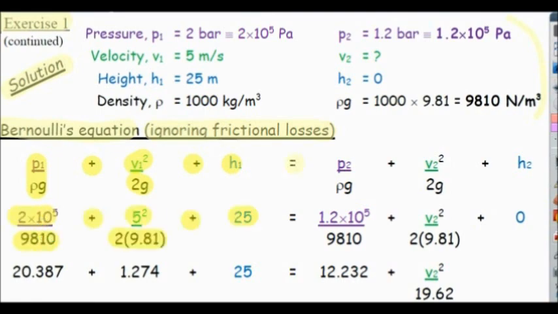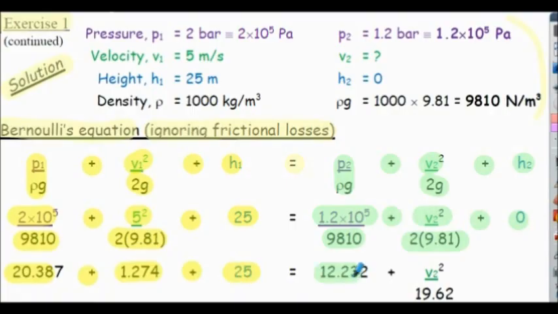And that's equal to P2 upon rho G plus V2 squared upon 2G plus H2. And again, the information inserted into the equation extracted from above. The next line just shows all the terms being evaluated. I'll let you review the number crunching at your own pace. On the right hand side here, we have the unknown V2, essentially V2 squared at the moment.